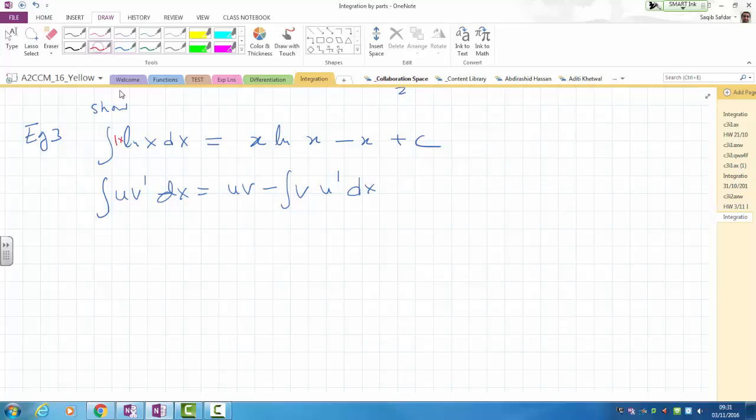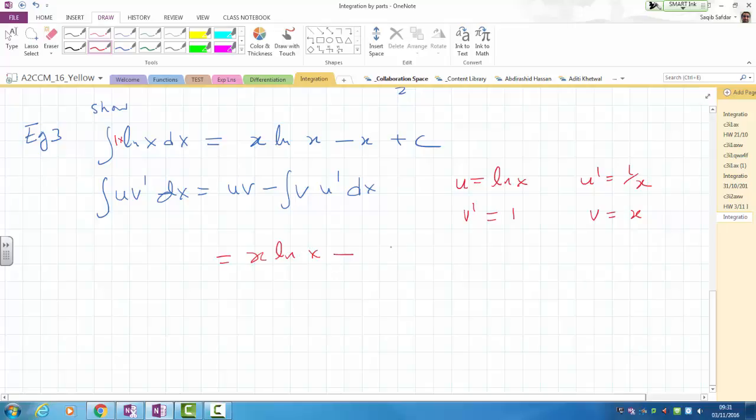Now we know that if that's ln x, then u prime is simply 1 over x. v prime is 1, so if we integrate that, v simply equals x. Now we can substitute this back in, so u times v gives us x ln x, take away the integral of v times u prime, which is x times 1 over x dx. And that simply gives us x ln x, take away x plus c.